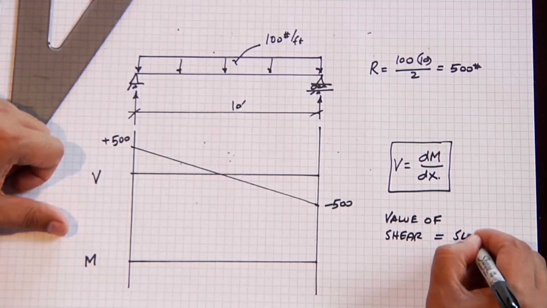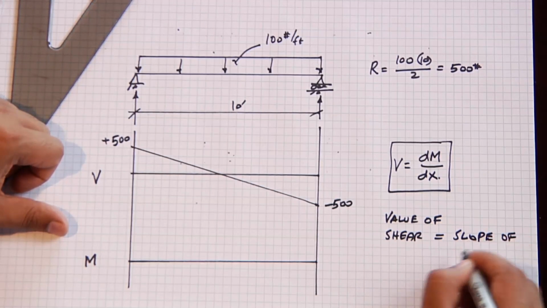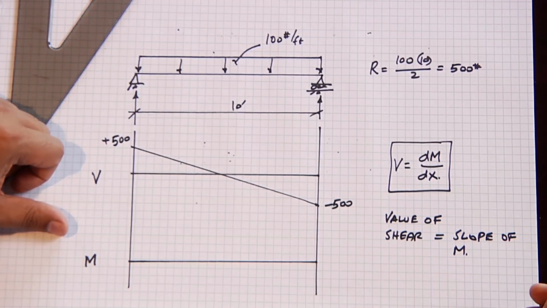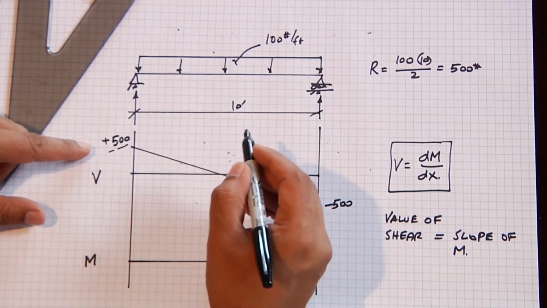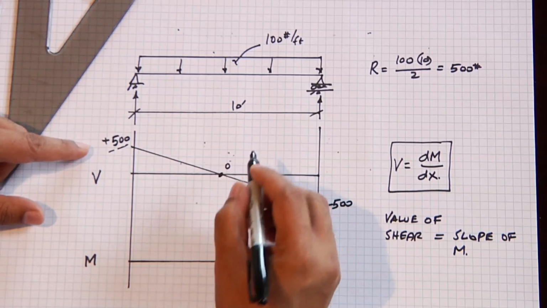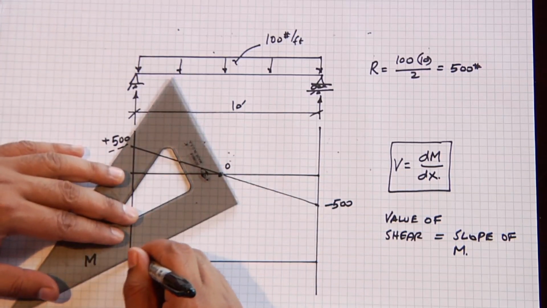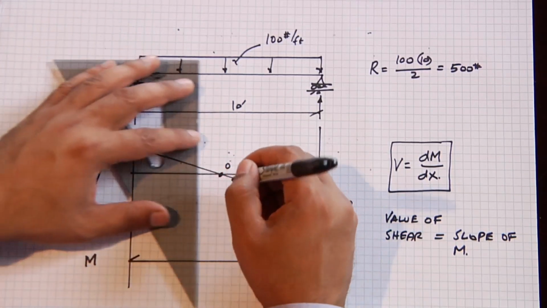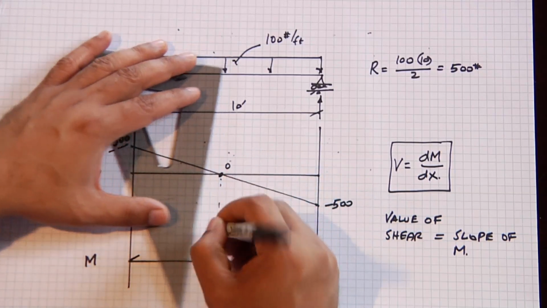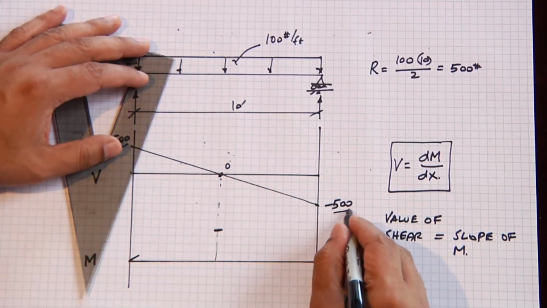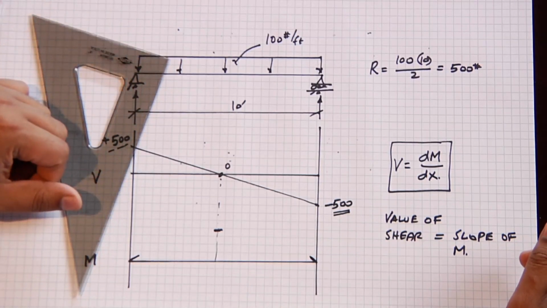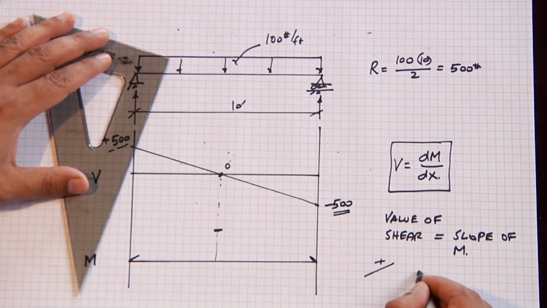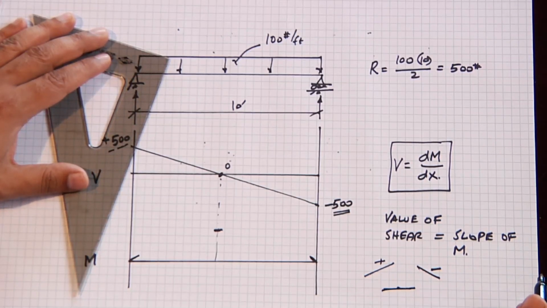So this value plus 500 and this value is 0 tells us that the slope of our moment diagram here is very steep and the slope of our moment diagram at the center is 0. Here our value of shear is negative, which tells me that the slope of my moment diagram is negative. This is a positive slope, this is a negative slope. A 0 slope is flat.